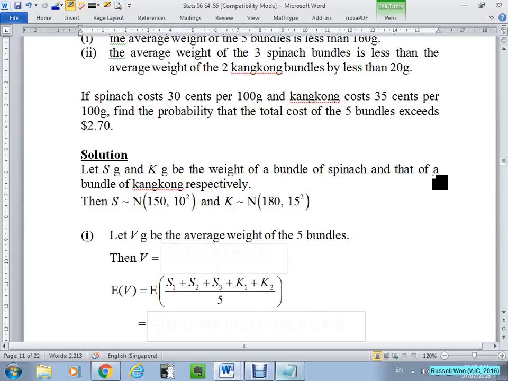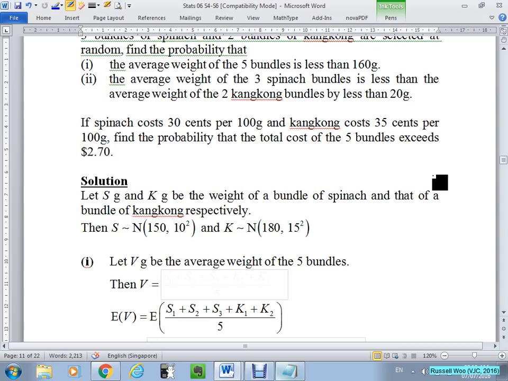So we say S be the weight of a bundle of spinach, and K be the weight of a bundle of kangkong. So one randomly chosen bundle of spinach and one randomly chosen bundle of kangkong. What does the question want?